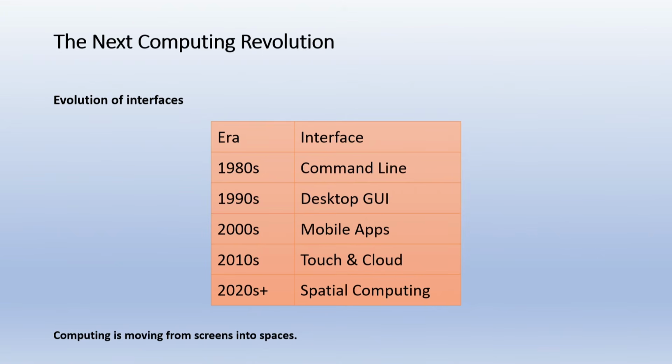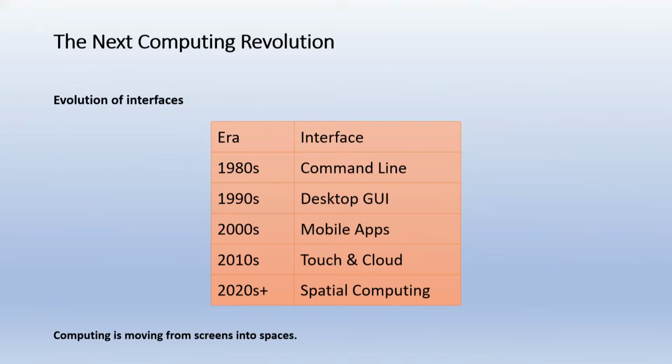So, that was a shift from command lines, which were essentially black screens with command prompts, to something that had a graphical interface. And then in the 2000s, mobile phones started becoming popular. So, mobile apps started coming into being. In the 2010s, we started having touch on these mobile phones and other devices such as tablets and laptops, and we started moving towards cloud computing, where you could store your data on the cloud and compute on the cloud.